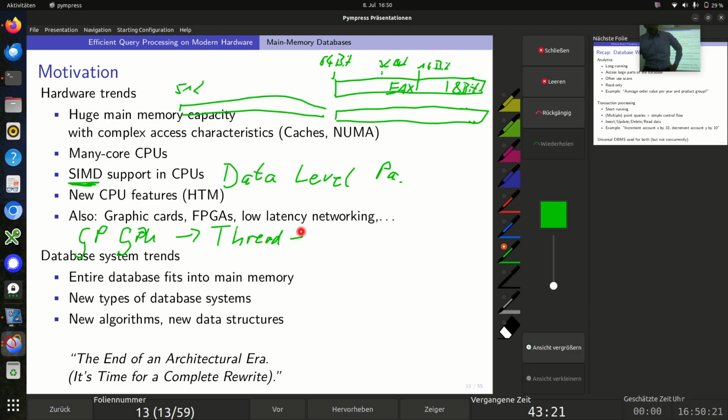For those who are interested, 32 threads is the unit you count on GPUs. On CPUs you have registers of 512 bits, and with 64-bit integers you can process 8 integers at the same time. On GPUs you always have a bundle of 32, and 32 threads together is called a warp. You always have to calculate in multiples of warps. This is GPU processing.